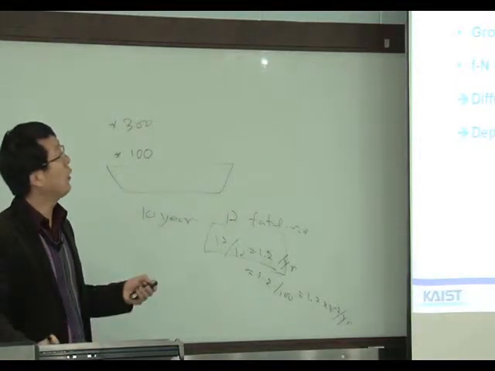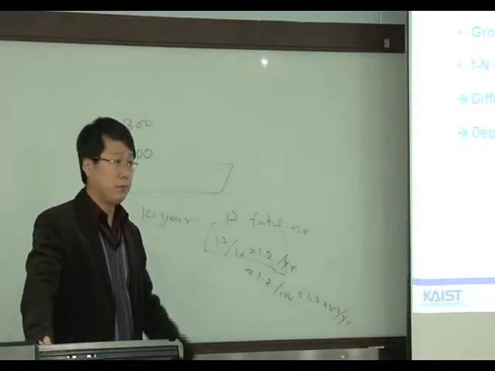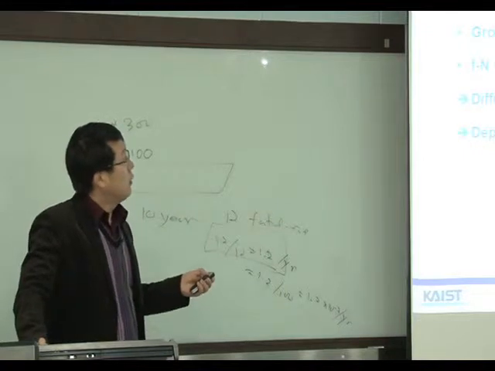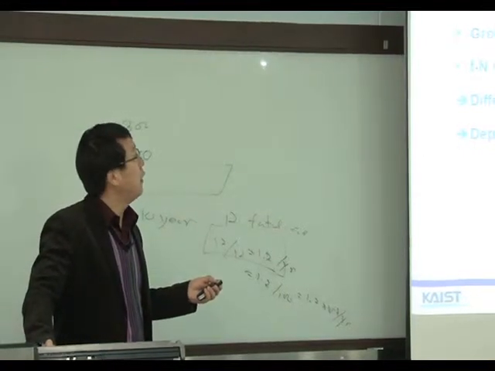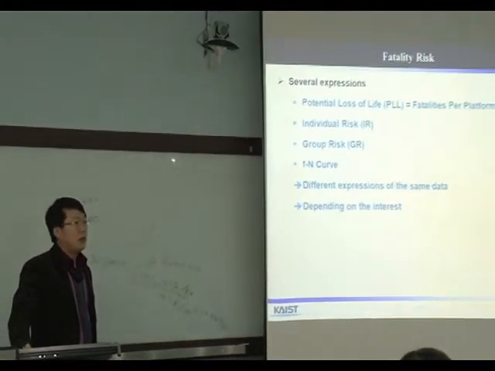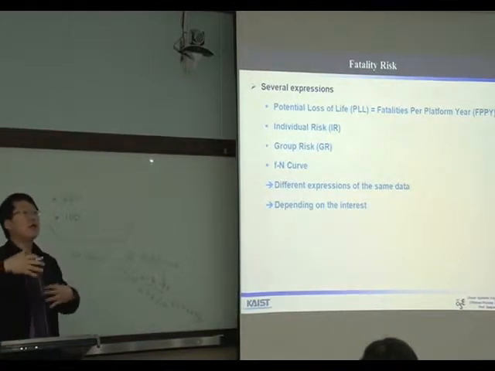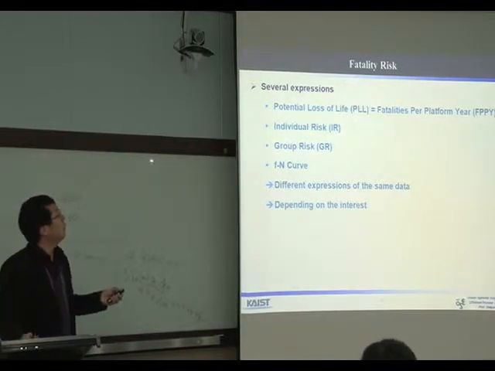So we usually introduce another parameter. Another thing is group risk, and they are kind of alpha and curve. I will explain later. So what I mean is that there are several expressions for fatality.